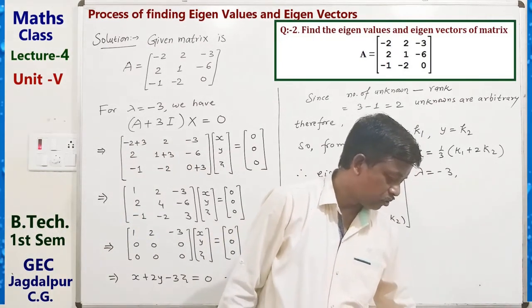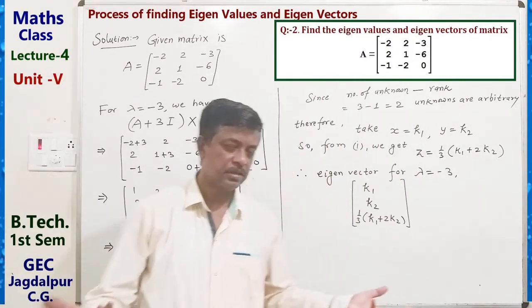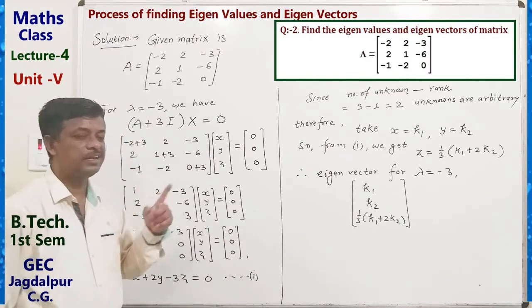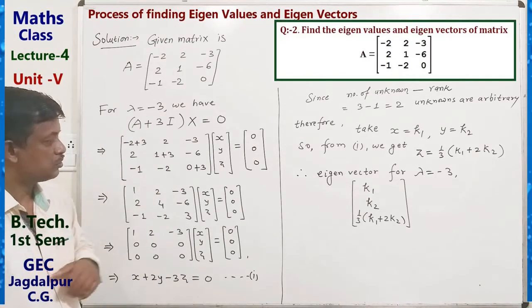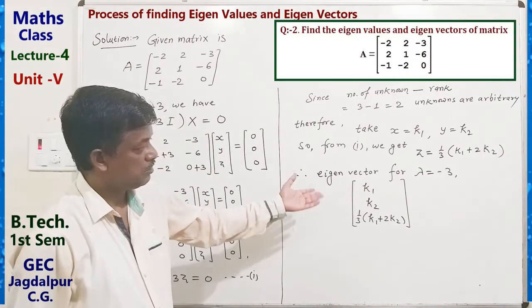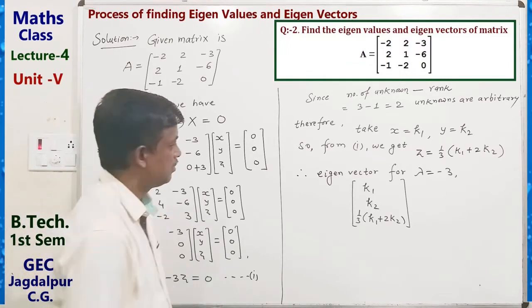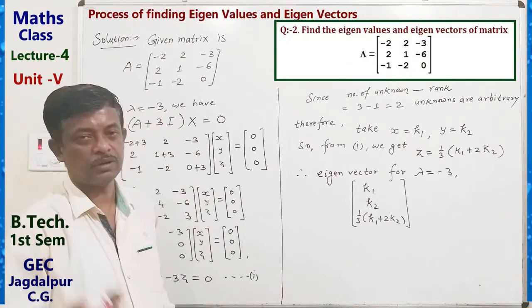So the non-symmetric matrix is there, so we can get linearly independent eigenvectors. This is the first vector, and from here we can write two linearly independent vectors, because minus 3 occurs 2 times.